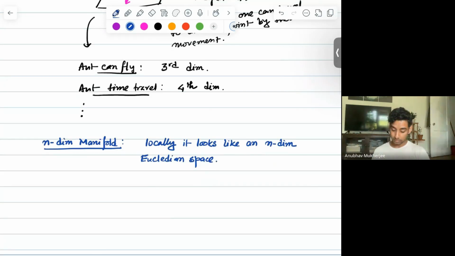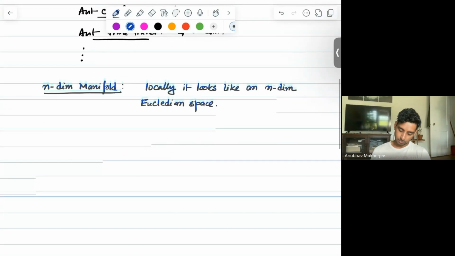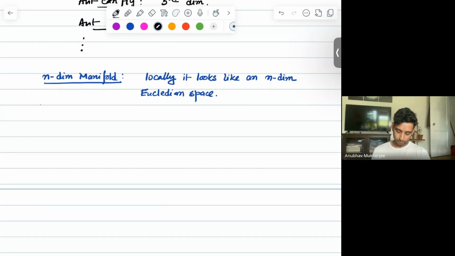Now that we have defined this object, manifold, this is where everything starts getting more interesting. Take an example.